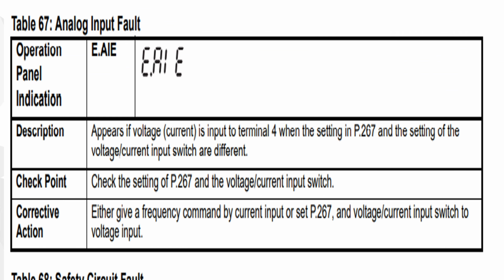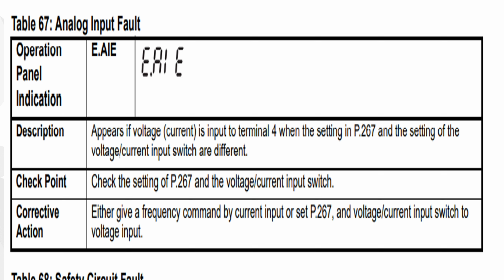AIE, this is the code of alarm that will be displayed on the panel. It appears if voltage or current is input to terminal 4 when the setting in P.267 and the setting of the voltage/current input switch are different. At the analog input, we make settings for what our input will be.